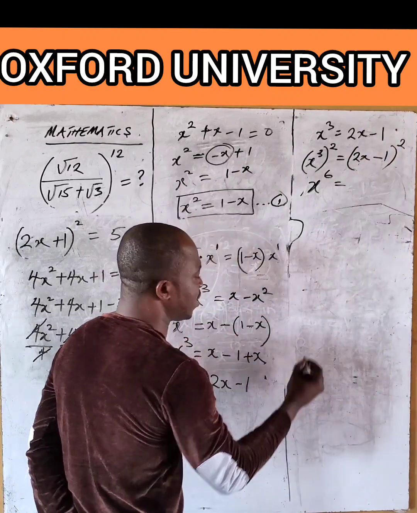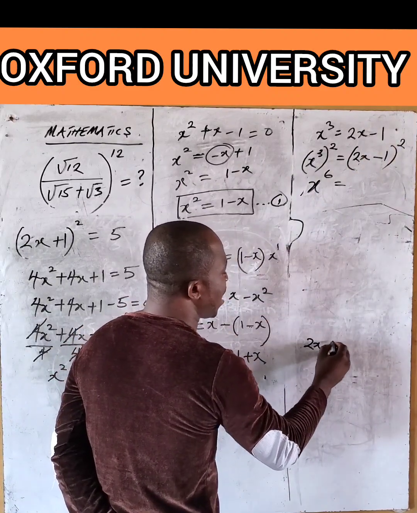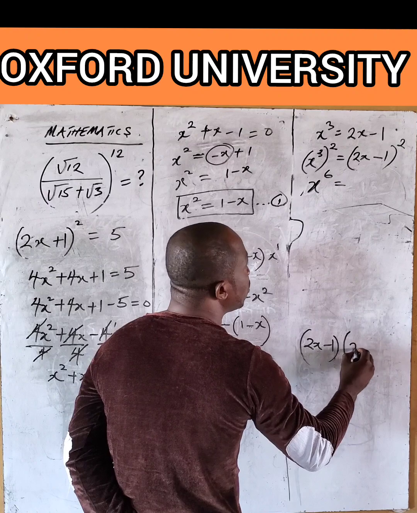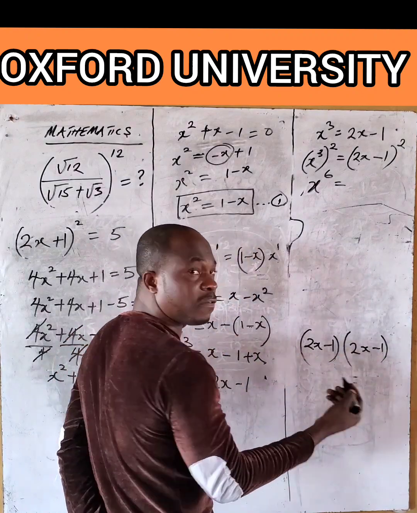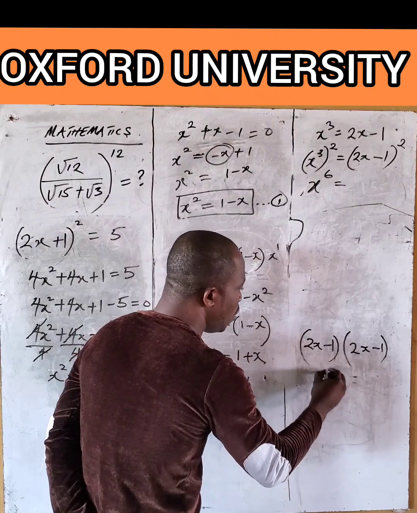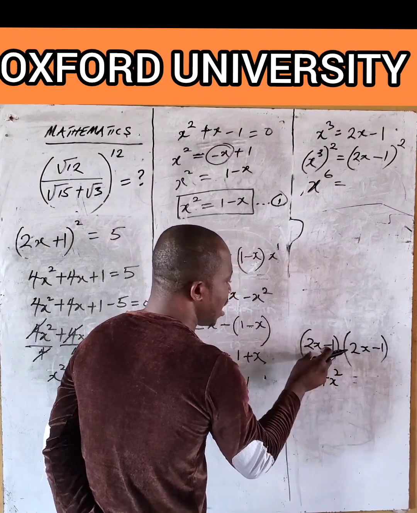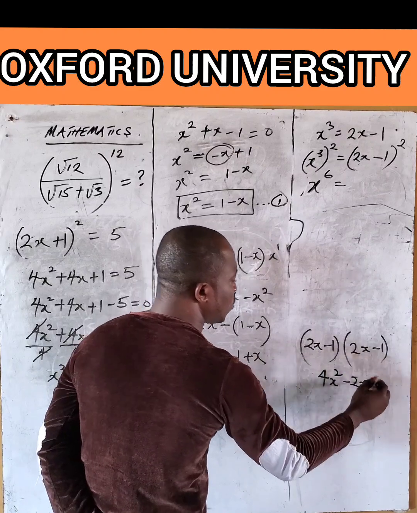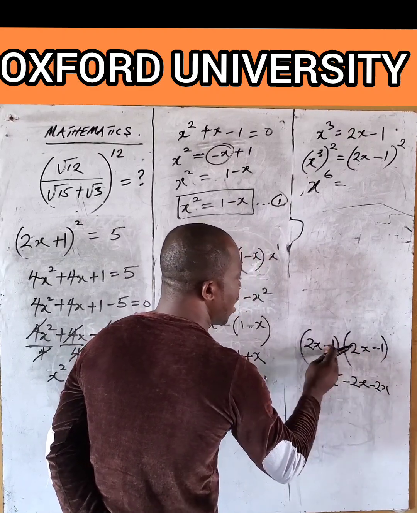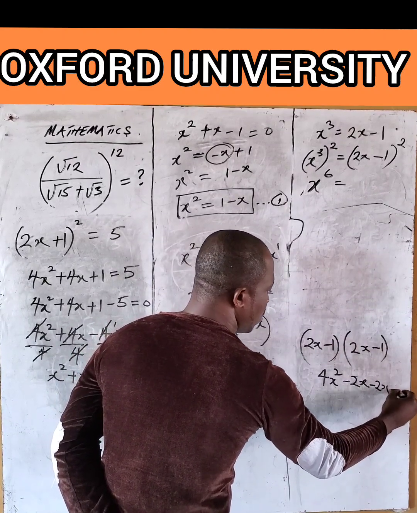And of course, we will need to expand this. So if I expand this way, I'll be having 2x minus 1. Of course, we've done it before. 2x minus 1. By expansion, 2x times 2x, of course, will give us 4x squared. Then 2x times minus 1 will give us minus 2x. Minus 1 times 2x will give us minus 2x. Minus 1 times minus 1 will give us plus 1.